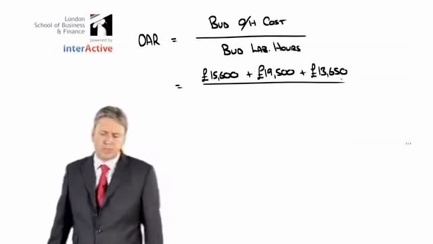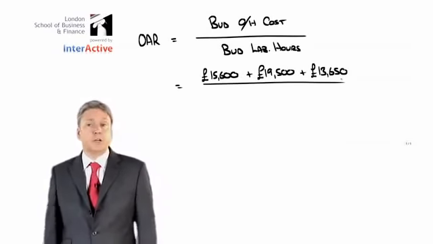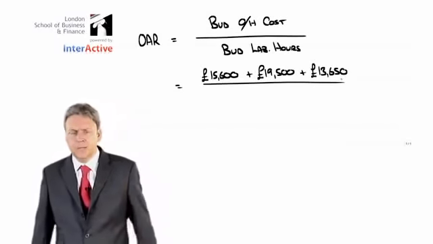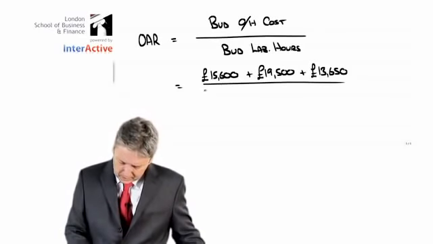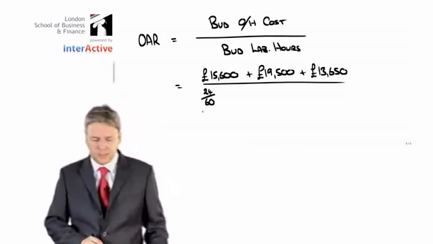Now I want our budgeted labour hours. If we're looking at budgeted labour hours, we were given some information about minutes earlier. If you remember, each unit of product X required 24 minutes. I want to put things in hours, 24/60ths.